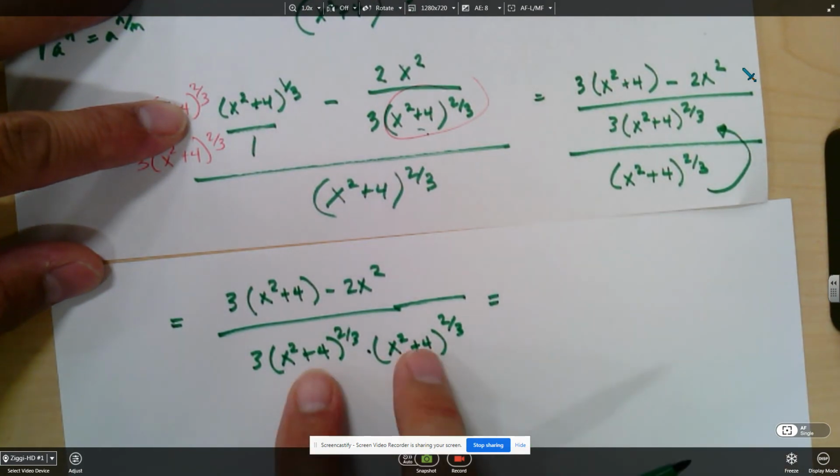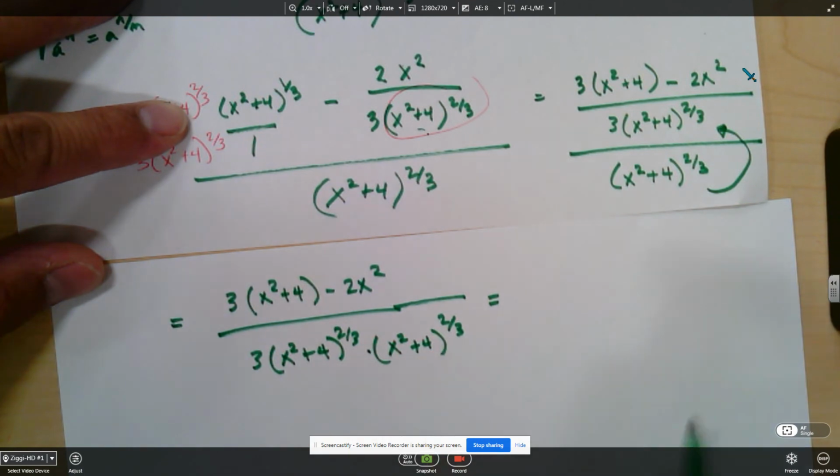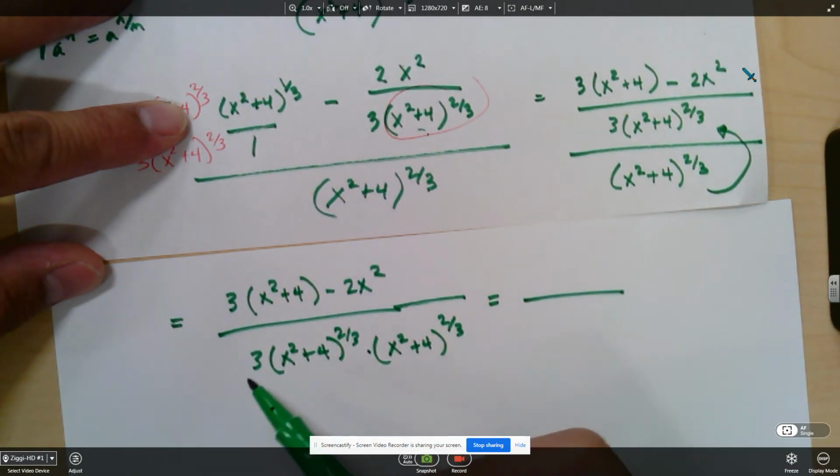And then they are the same base, an x squared plus 4 base. But one is 2/3 and another one's 2/3. So then that means together it is 4/3. Oh, and then there was this.